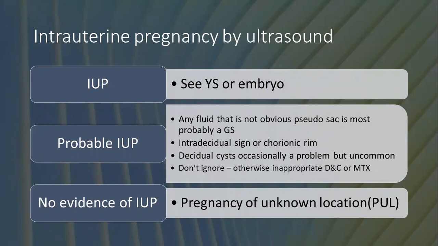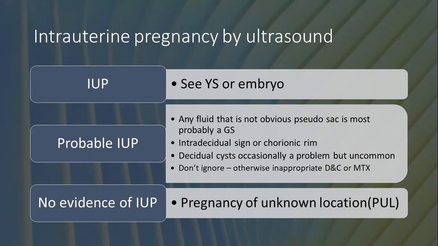So according to literature and research and to many researchers, they actually advise that if we see any fluid in the uterus, which is not obviously a pseudosac, remember we talked about how the pseudosac appears, then this is most probably a gestational sac. The other probable finding is when we get our intradecidual sign, our chorionic rim, we talked about it earlier. And we also talked about the pitfalls that you might have a decidual cyst, but they are not very common.